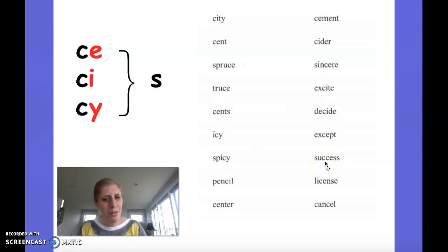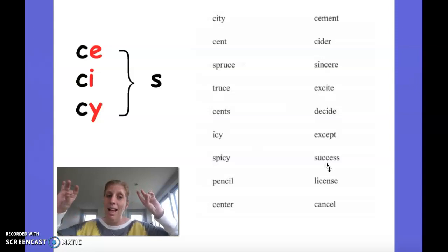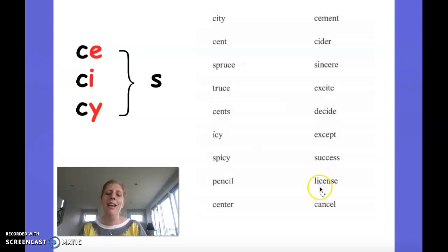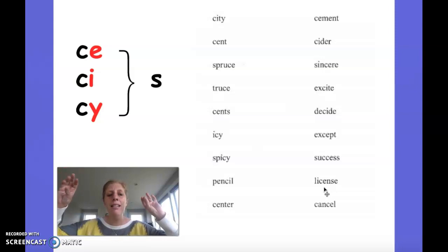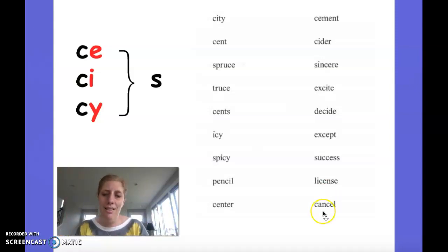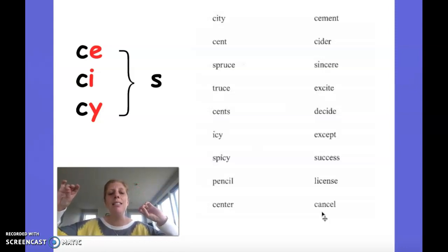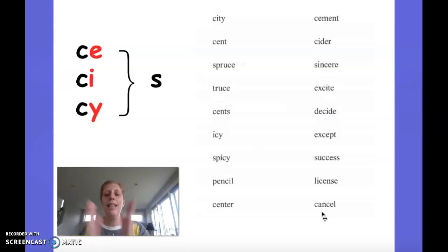You know, this actually has two C's, and I think when I say it, we're going to hear both sounds. The first syllable is suck, and the second syllable is s, success, success. How about this one? The first syllable is lie, and the second syllable, sense, license, license. And the last word today, first syllable, can, and second syllable, sell, cancel, cancel.